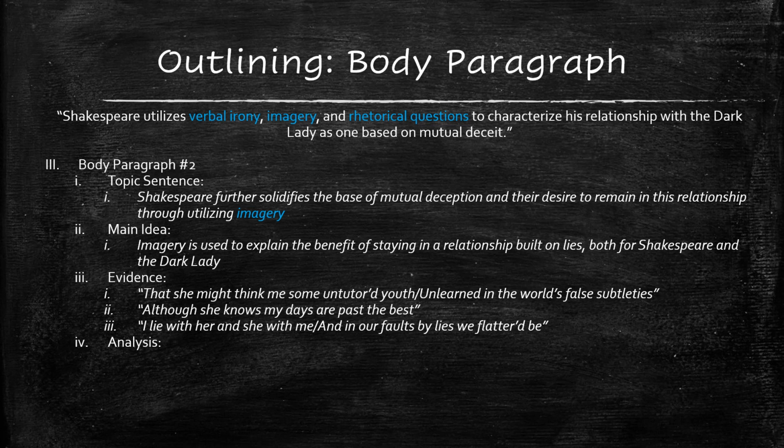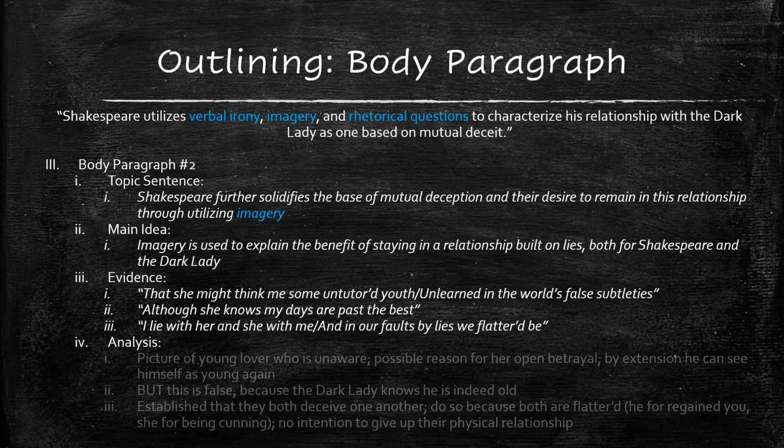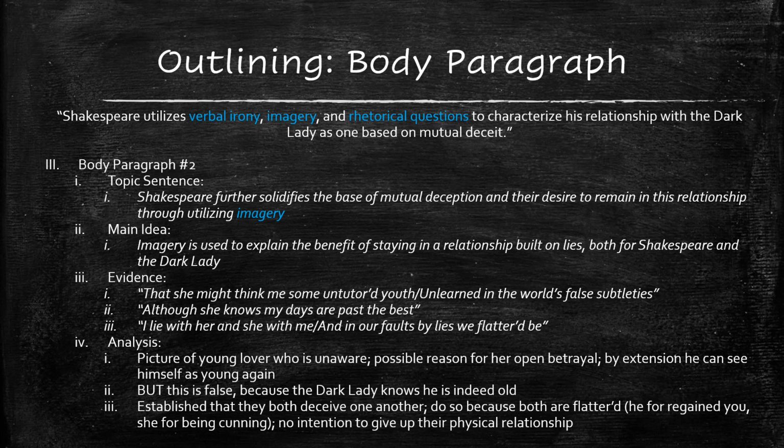So you'll see that the evidence that I have is going to be used then in the analysis I give to prove that point. So my first piece of analysis is this idea of the speaker as a young lover who's unaware of the possibility of deception in love, and that this perhaps gives a reason why she is so open in her betrayal, right? Because she thinks him ignorant.